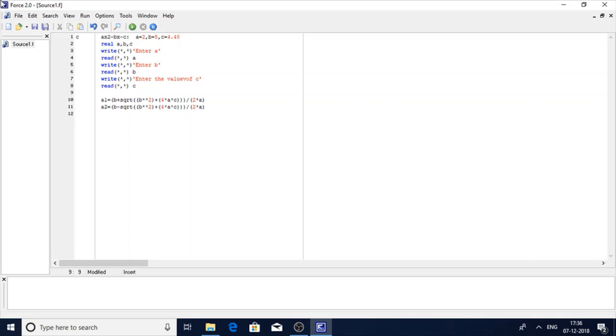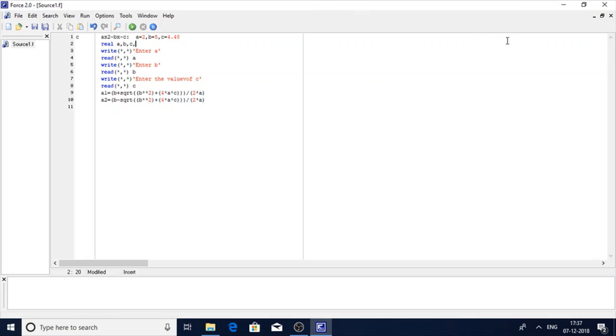Right, I have input all three values. After that, my statement will be these two, and these two can be either floating or integer.